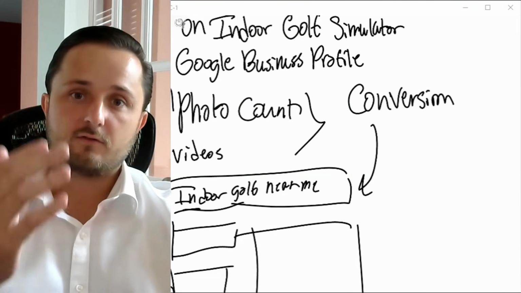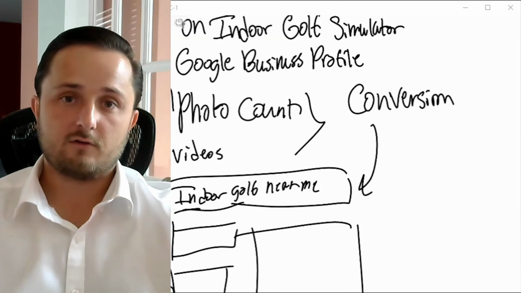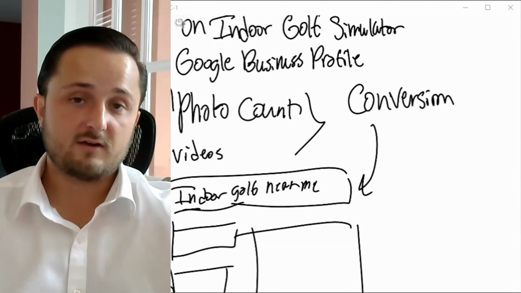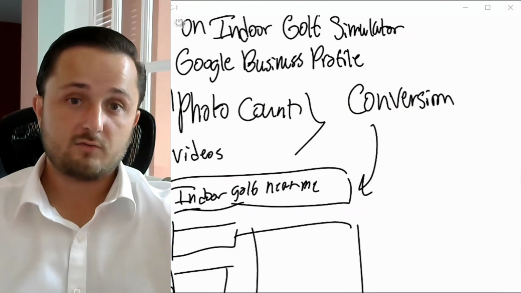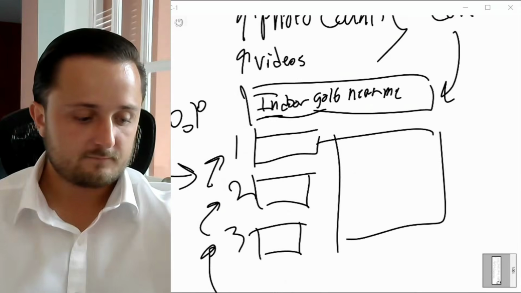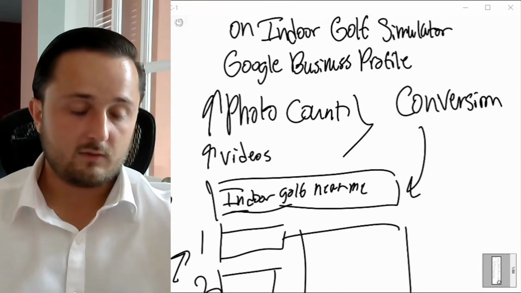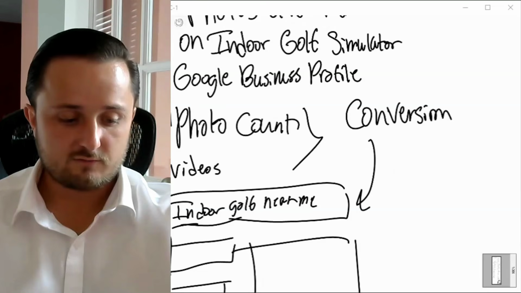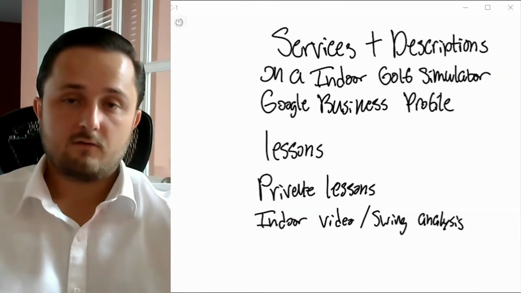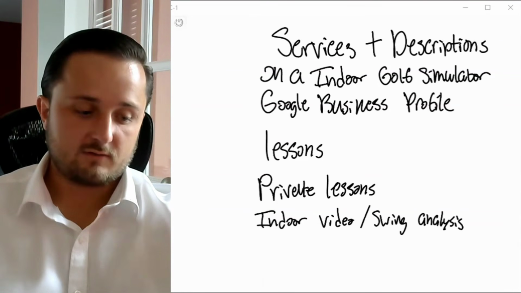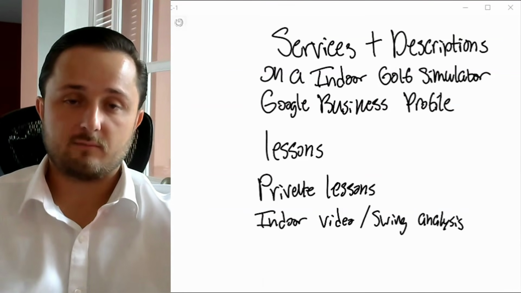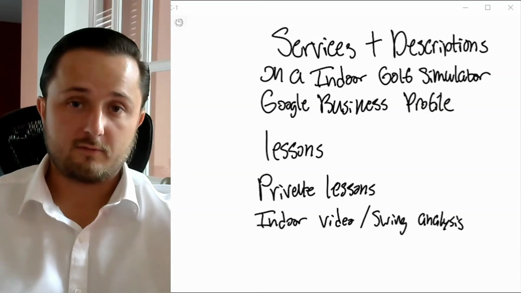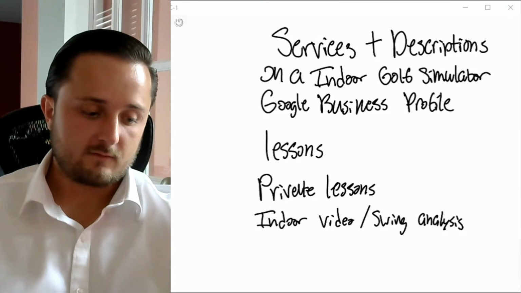They can see all of the photos, all the videos, all the other people that had a good time using our indoor golf simulator, right? And so not only will it help the profile rank higher, but this is also a huge conversion factor as well.